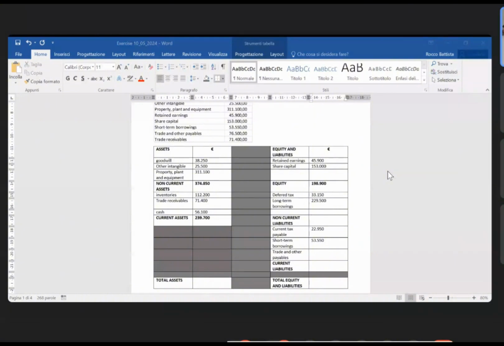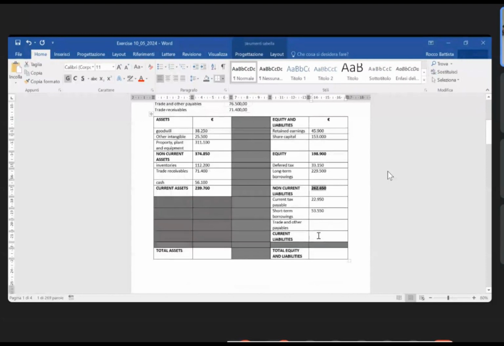Non-current liabilities. 262,650. Okay, thank you.